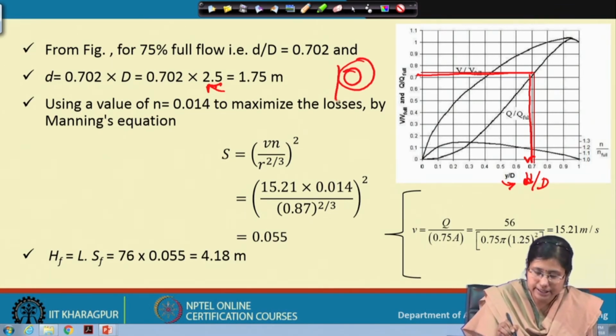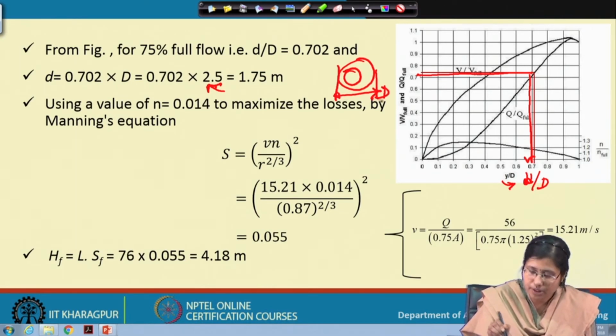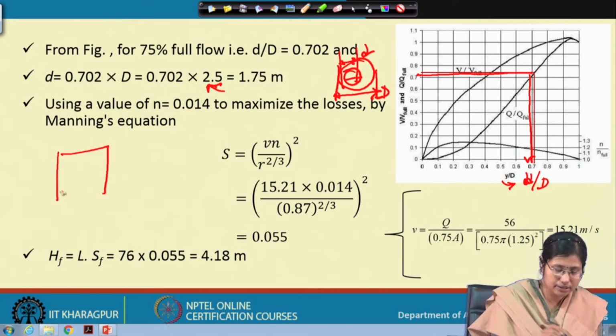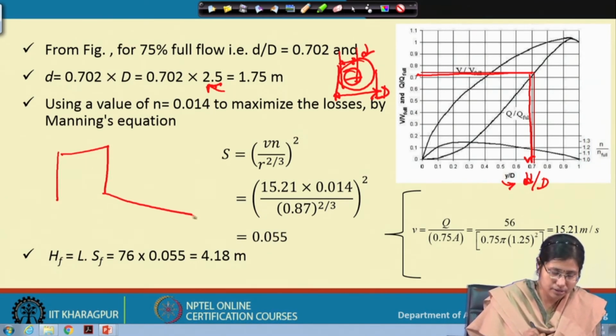So, this one is kept as capital D and this one is small d. As you remember, this is the complete cross section.